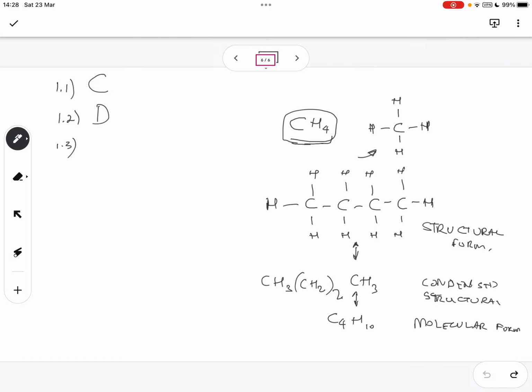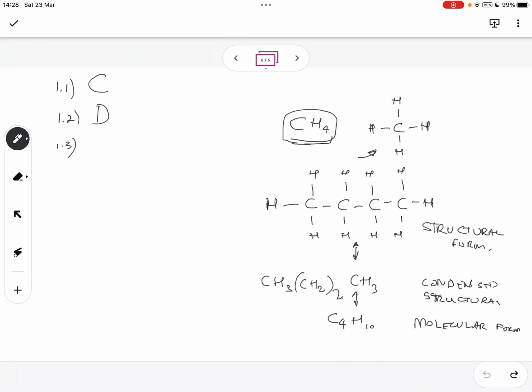This one is a bit tricky because each of these isomers has got 6 carbons. So it's not easy to just say 6 carbons, therefore this, therefore that. You have to think a bit more. Do you think it will help, Joe, if we drew the structural formulas?